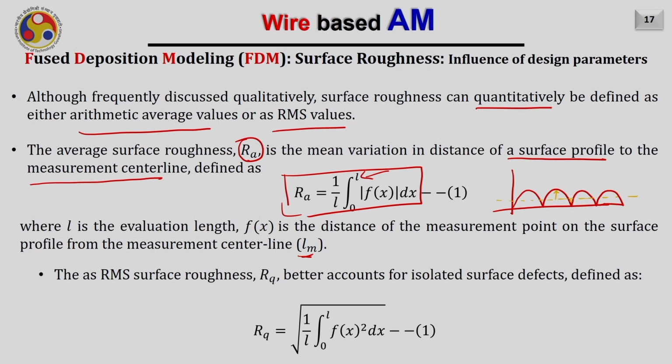So this average deviation I will calculate, for example, this area 1 and this area maybe 2, and I am considering maybe this sample length. This is also a tiny area, A3. So, in summary, this RA value can be obtained by A1 plus A2 plus A3 divided by the sample length, that is L. I am considering from here to here.